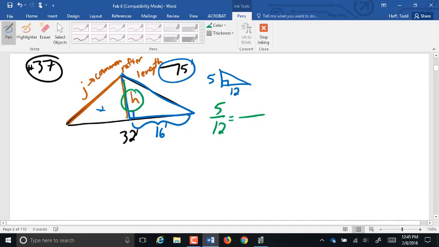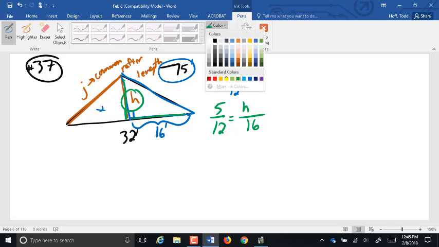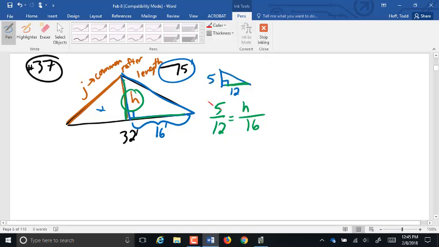That's the H, the rise. 12 represents the run, the horizontal, that's the 16. So we find H by, perfect, cross multiply. 5 times 16 is 80, divide by the 12. Gives us 6 2/3.